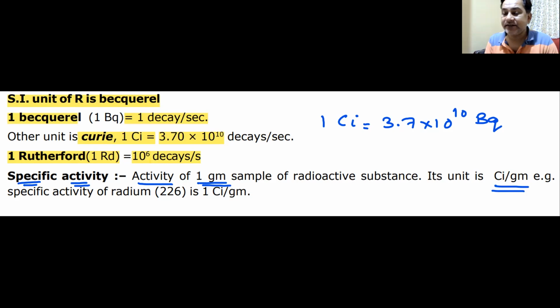We understand this? So remember the specific activity. They might ask you a simple question: what is the unit of specific activity? You can write it as Curie per gram or Rutherford per gram or becquerel per gram. Shall we move ahead?